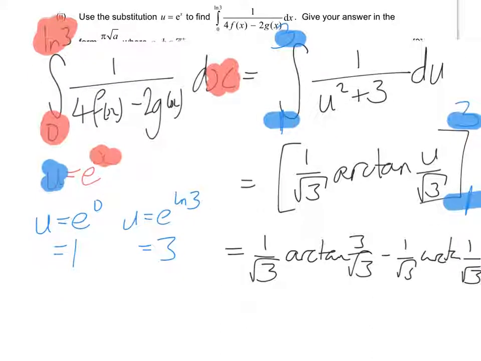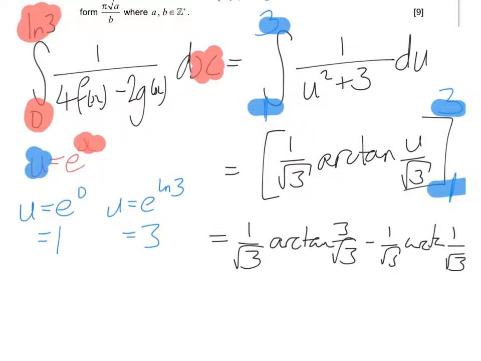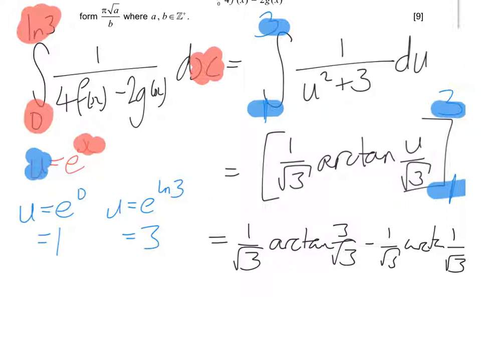Now, we're not out of the woods yet, because I need to turn that into the form that has been specified, which I will remind you is here: pi root a over b. So let's think, can we evaluate either of those two things?